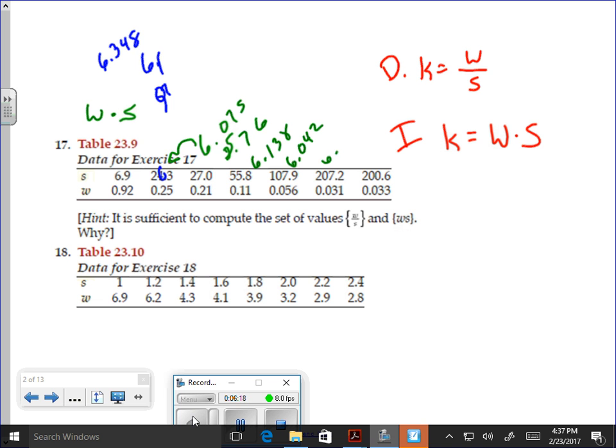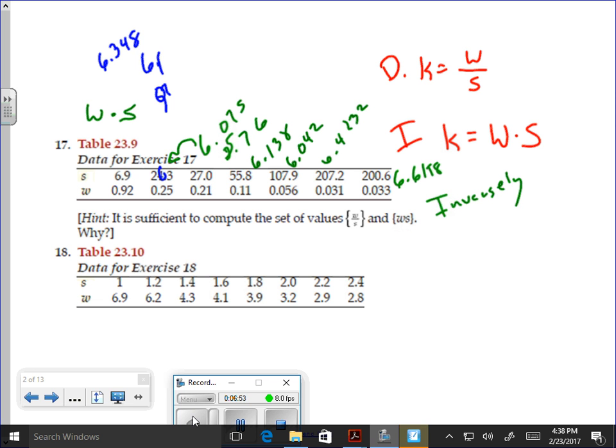Still rounds to 6. And then last, 200.6 times 0.033, I get 6.6198. All of them are close to being 6. So it would vaguely follow inversely proportional, with some margin for error.